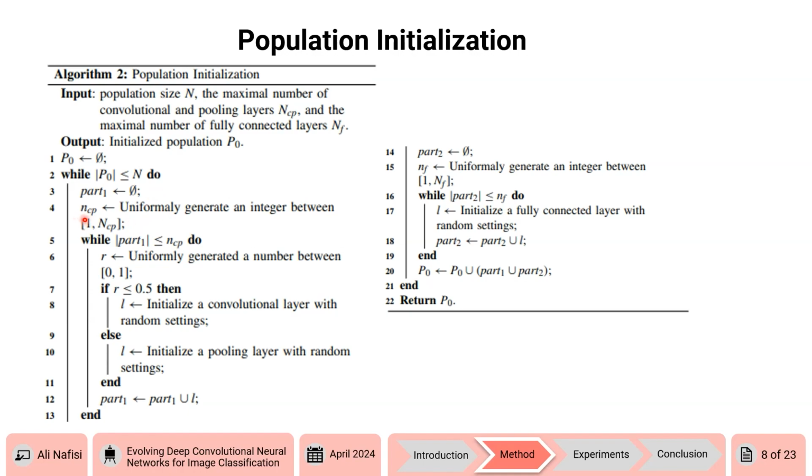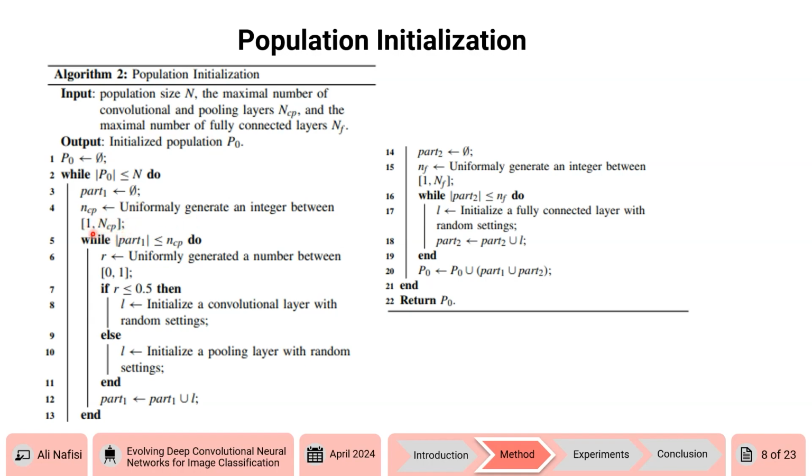When we initialize N of CP, it is just an integer number uniformly generated in the range from 1 to N of CP, which we got from the input.